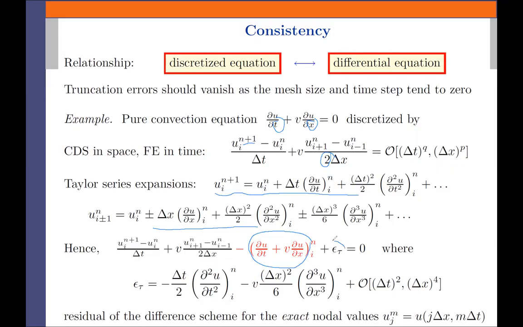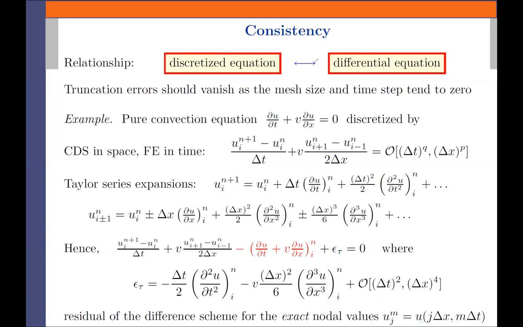Plus this constant added, and this constant must equal this value. So when I am talking about the relationship between the discretized equation and the differential equation, this is the basic relationship: the residual of the difference scheme for the exact nodal value. So u_j^m must be u of j delta x and m delta t.